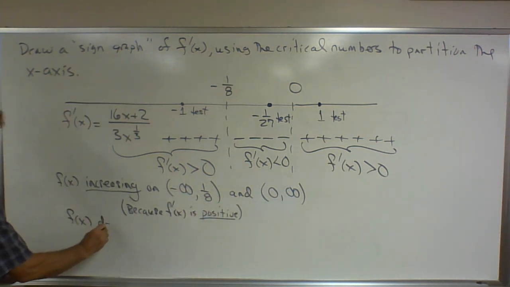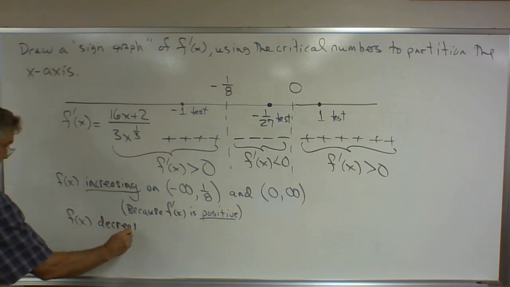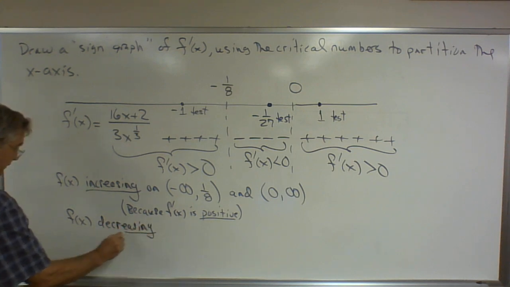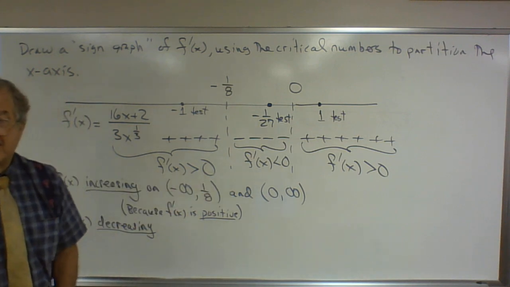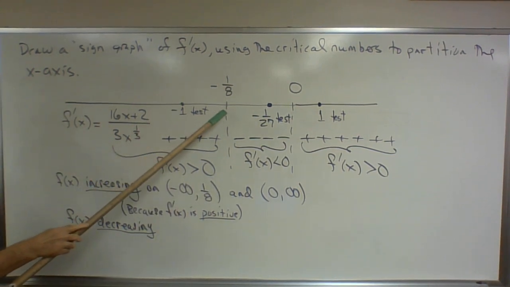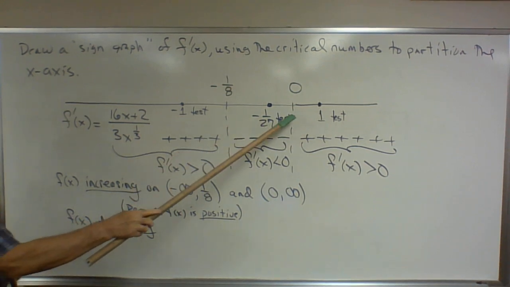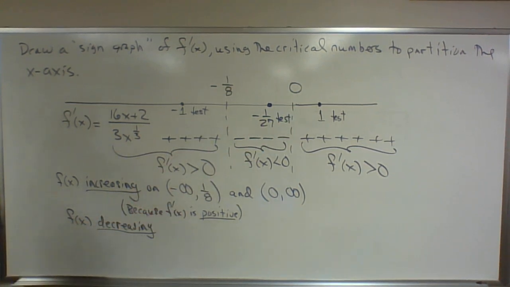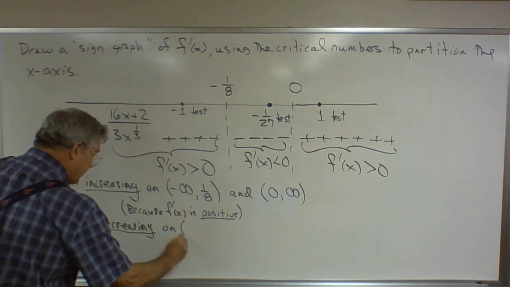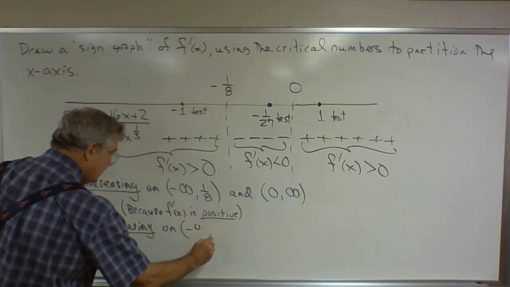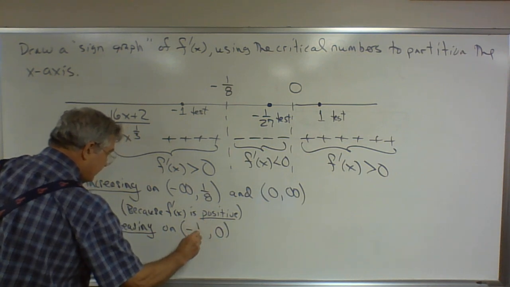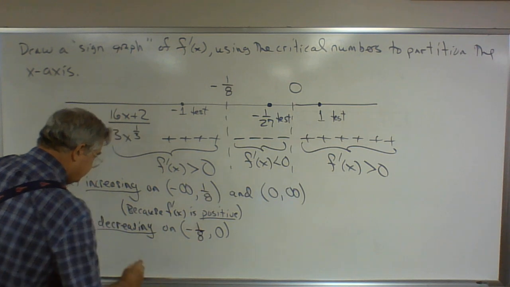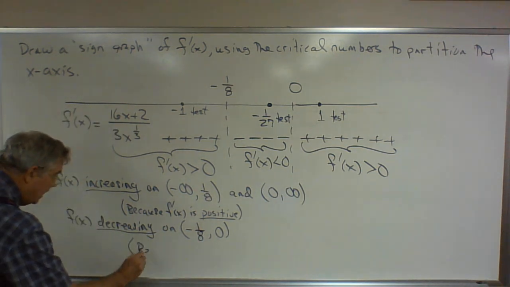F of x is decreasing wherever the derivative is negative, and that happens between x equal negative 1/8 and x equals 0. And why?